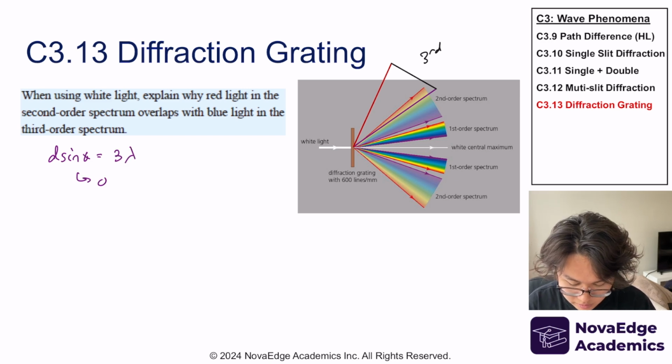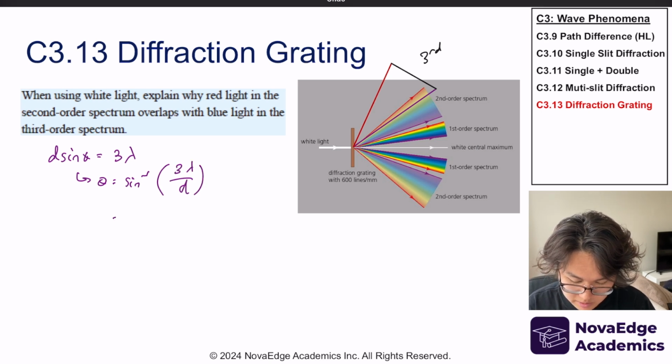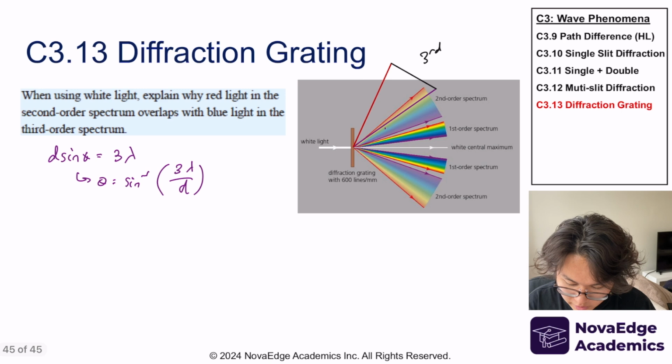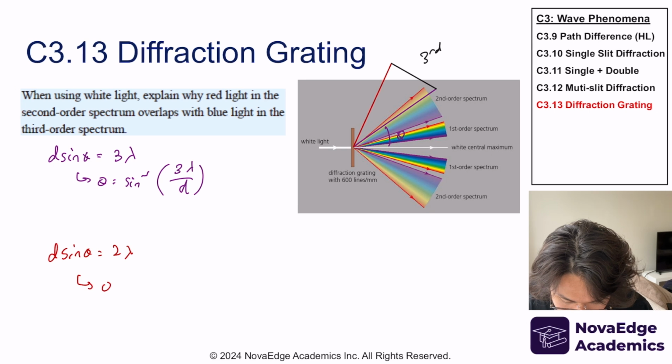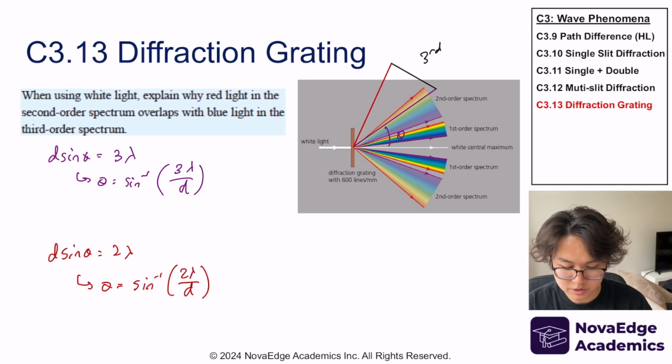If I solve for the angle, I get a value that's somewhere in this range. And then for the red, I do the same thing. I'm going to do the second order because they're asking why they overlap with the second order. And I can actually compare, so I'm going to do it for the sake of showing it.